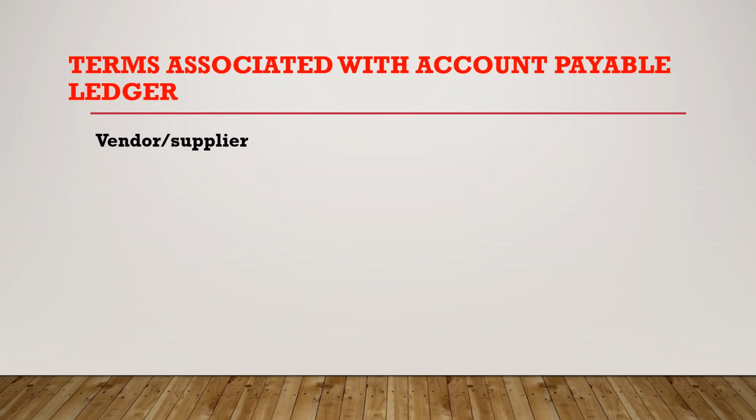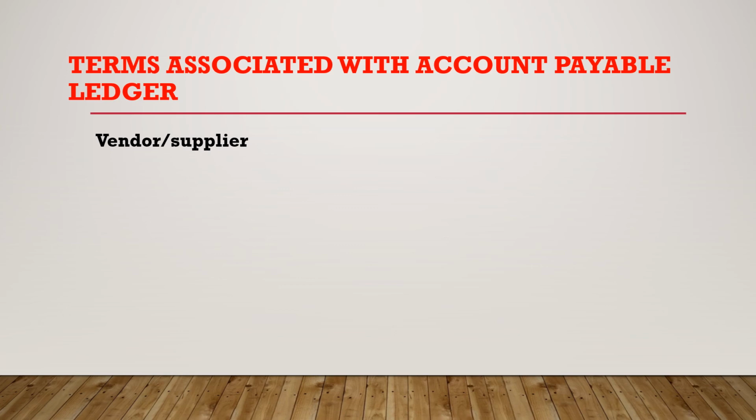If you buy goods on account from them, then your company will record it in the account payable journal, and from the account payable journal into account payable ledgers, and from there you have the balance that you take to your financial statements like balance sheets.